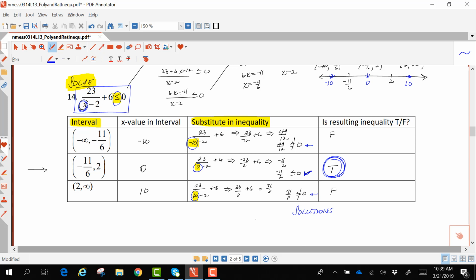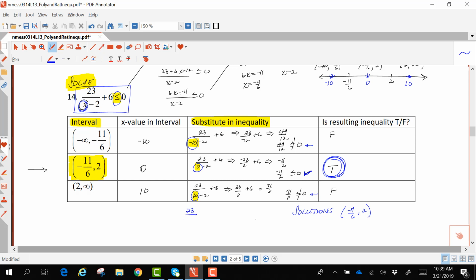Your true statement is in row 2. Your solutions will be in interval notation because you will have numerous values which will give a true result. So your solution is the interval in row 2, all numbers between negative 11/6 and 2.